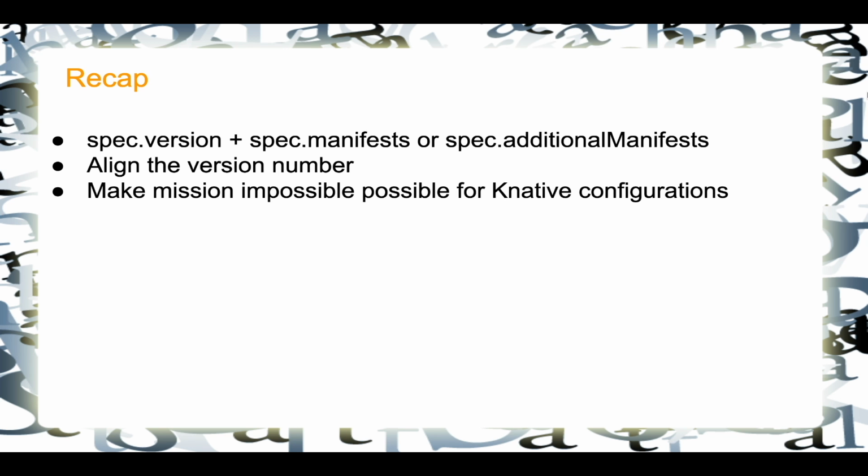As a recap, this feature is enabled by the attributes manifest and additionalManifest in the spec of the CR. We usually align them with the version number. In terms of configurations, it makes mission impossible become possible for Knative configuration.